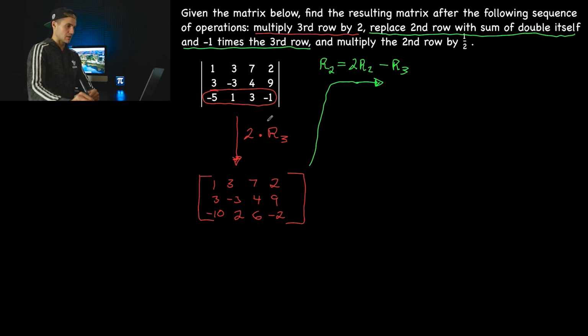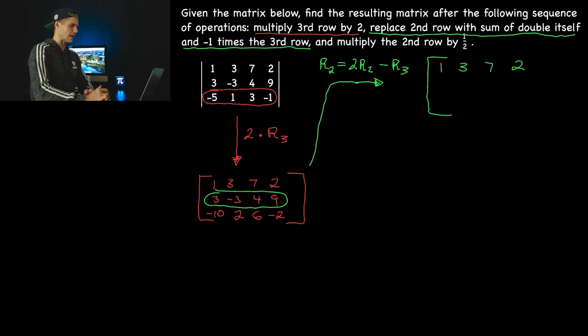And so what's going to get affected now is this second row. So that means that the first row is going to stay the same. So we're going to have 1, 3, 7, and 2. Okay, now for the second row, let's do this very carefully.